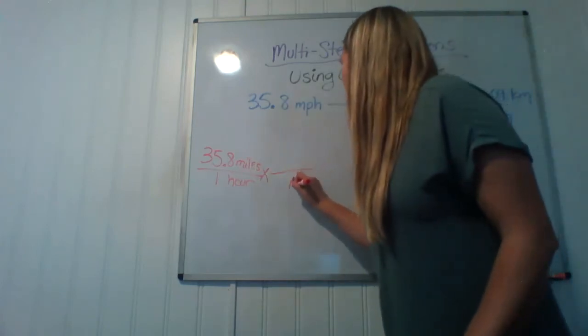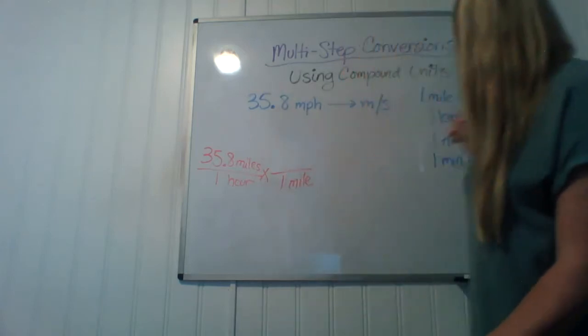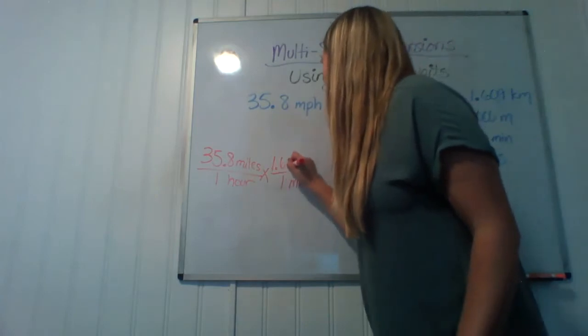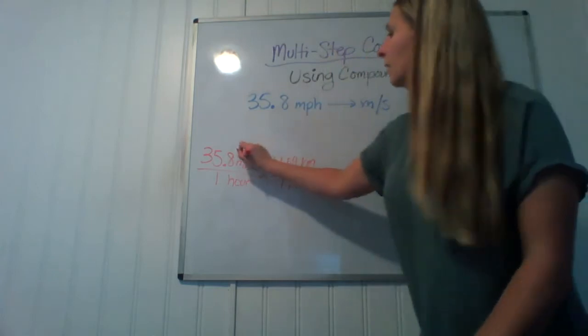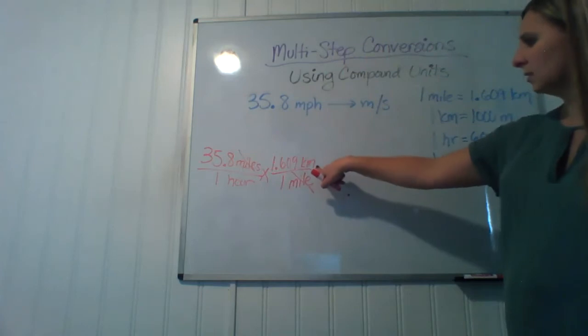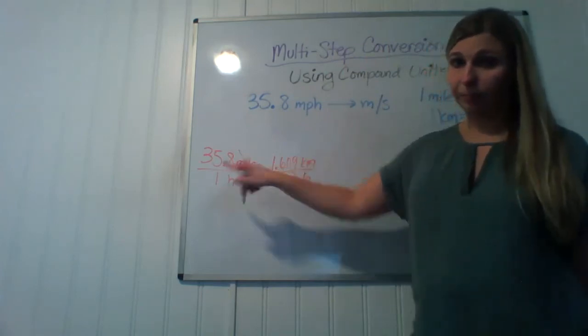So I'm going to then put miles on the bottom: 1 mile equals 1.609 kilometers on top. Cancel the units diagonally. Now that gives us kilometers on top per hour on the bottom.